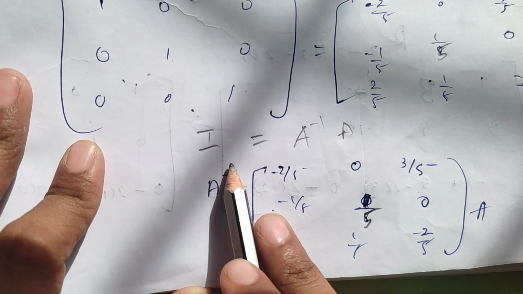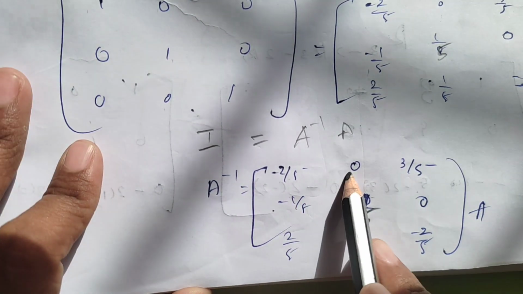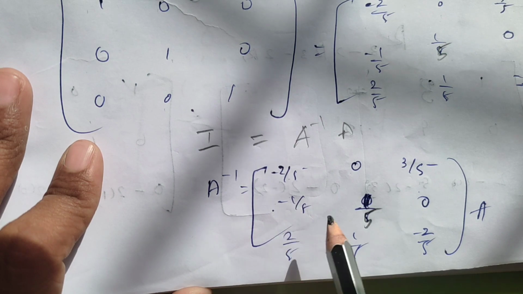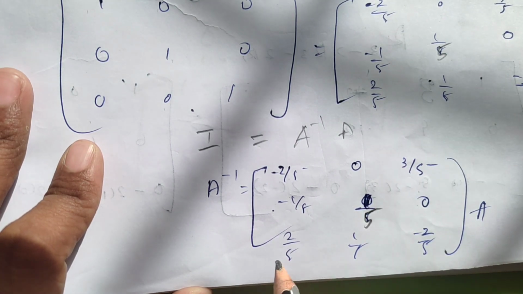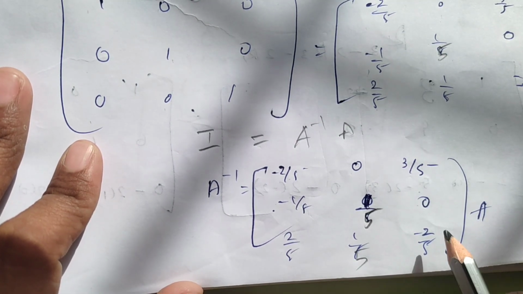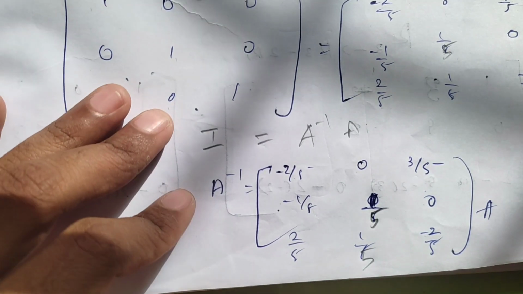A inverse equals minus 2 by 5, 0, 3 by 5, minus 1 by 5, 1 by 5, 0, 2 by 5, 1 by 5, minus 2 by 5.